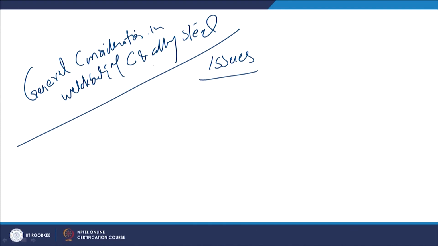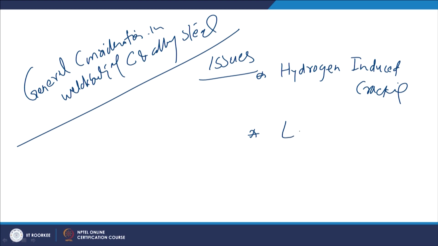The most common problems encountered during the welding of carbon and alloy steels include hydrogen induced cracking. This is one, and the second one is lamellar tearing. While other problems like porosity and inclusions are also there, they will be triggering the cracking in one or other forms.